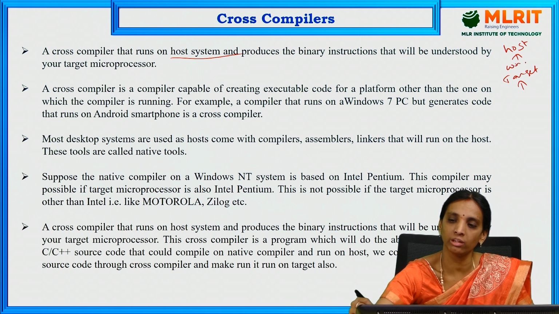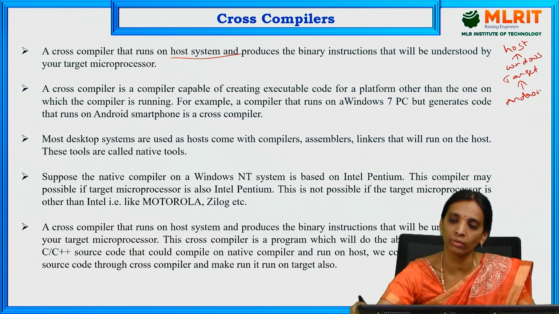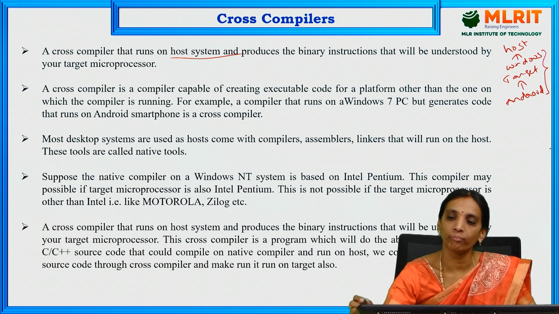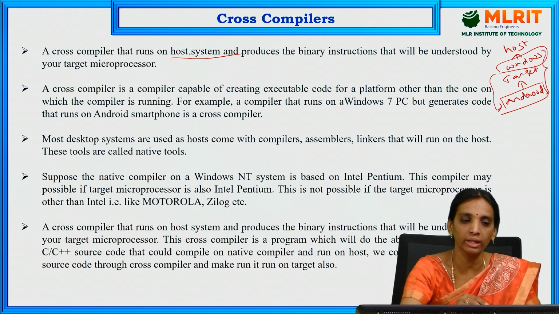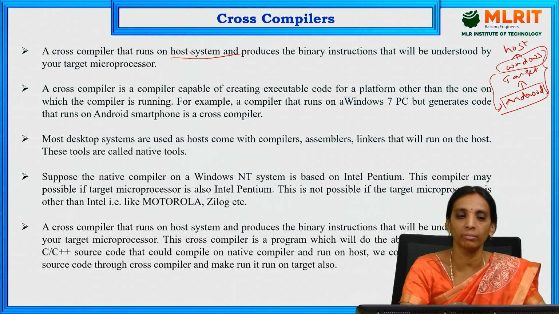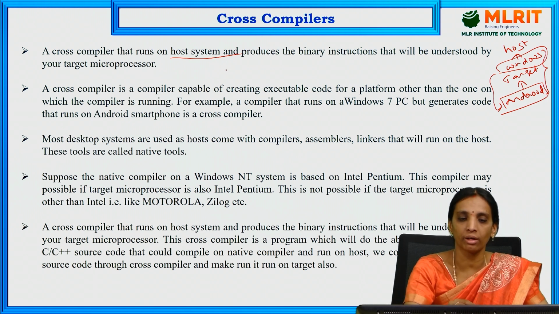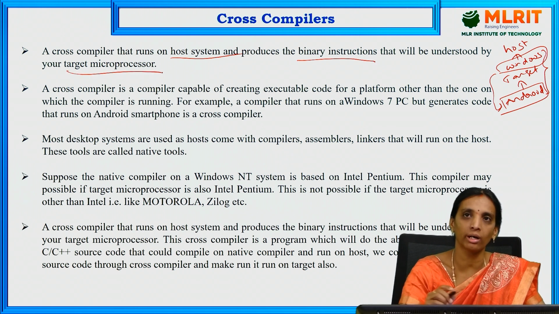That means if Windows is the platform used for the host machine and Android is the platform used for the target machine, then for two different platforms, if a program developed on one platform must run on the other platform, we have to use the cross compiler. The cross compiler runs on the host system and produces binary instructions that are understood by the target microprocessor.